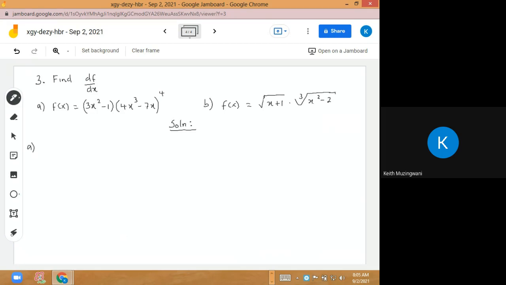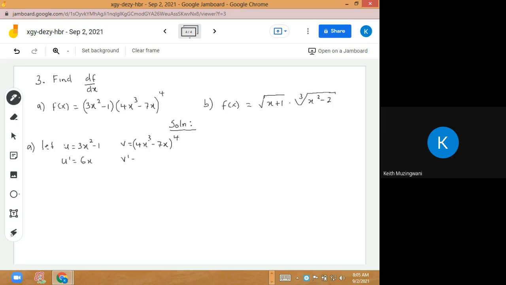that's a product, so right away we let u be one of them, v to be (4x to the power 3 minus 7x), everything to the power 4. And then differentiate u, we'll get 6x.